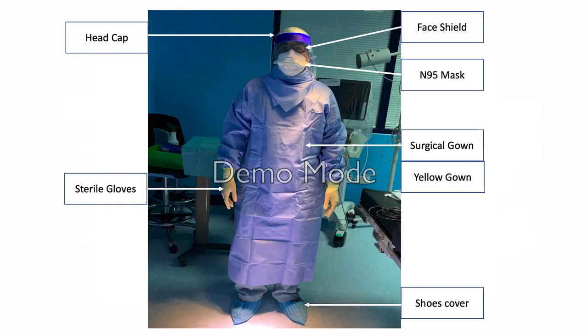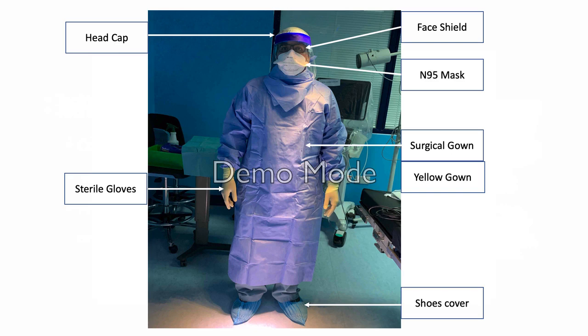Okay, your kit is ready, your table is ready. You need to prepare yourself with the PPEs, including a head cap, a face shield or goggles, N95 or PAPR. You should wear initially the yellow gown or the isolation gown, and over that yellow gown you should wear your surgical gown.